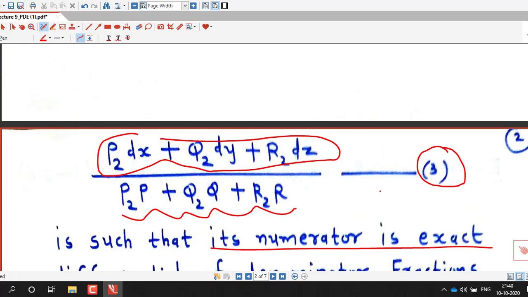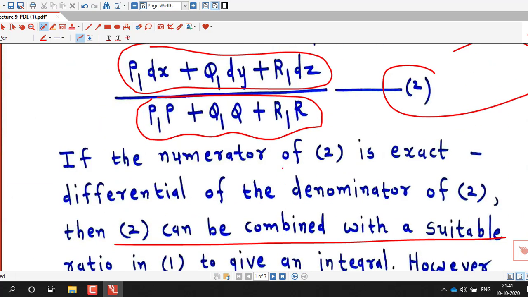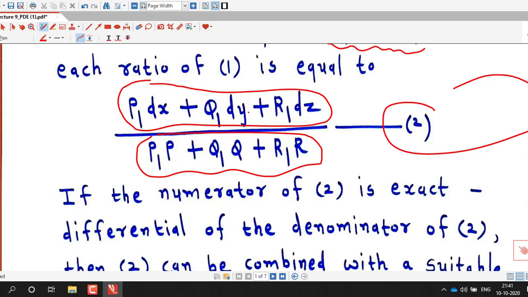That means this numerator can be written as differential of P2 into P plus Q2 into Q plus R2 into R. Okay, so this is nothing but the differential of the denominator P2 into P plus Q2 into Q plus R2 into R. So in fractions 2 and 3 we have the same thing, numerator is exact differential of the denominator.